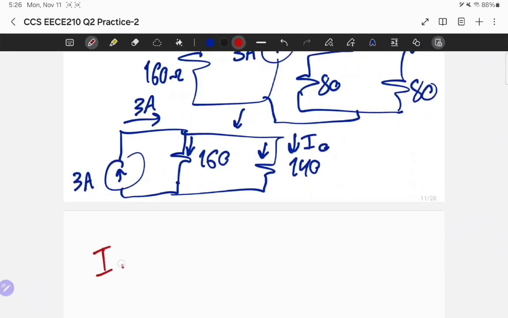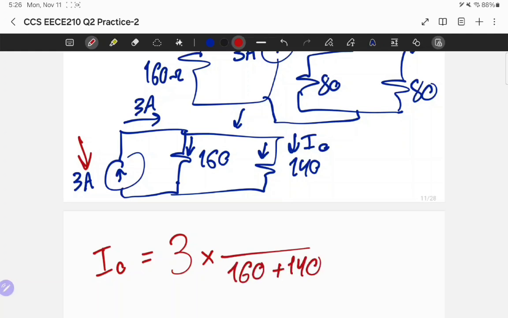I0 is equal to the total, which is my source, multiplied by the sum of the resistors, 160 plus 140. And for the numerator, I choose the resistor that I'm not operating on. So if I'm operating on the 140 branch, I choose the 160.